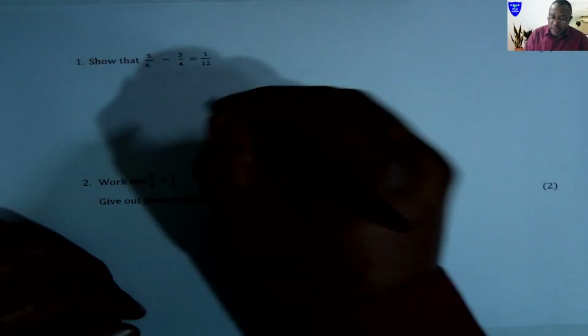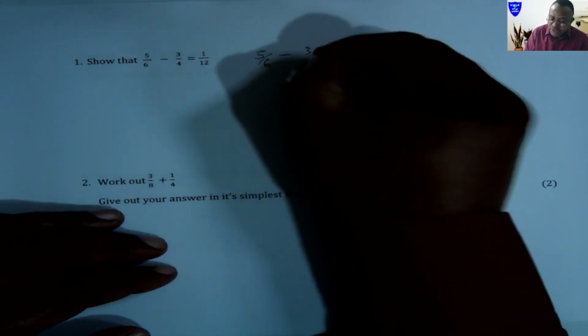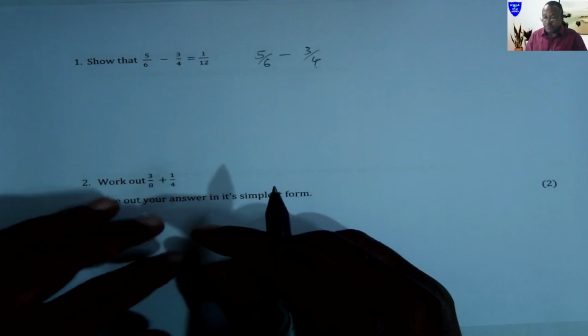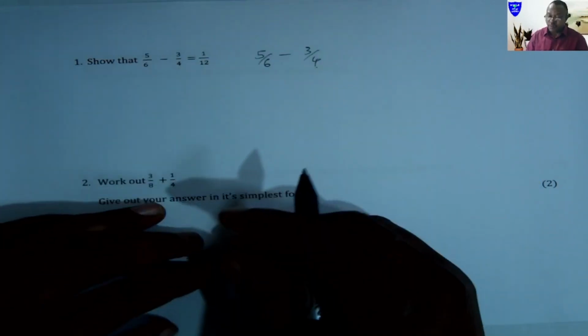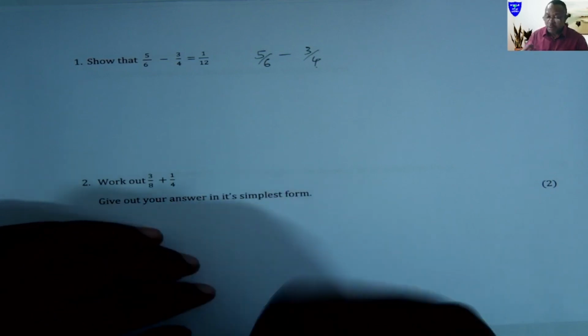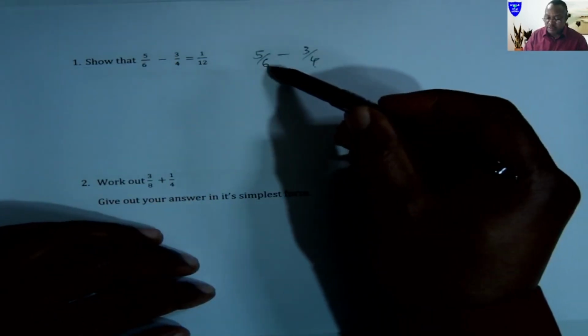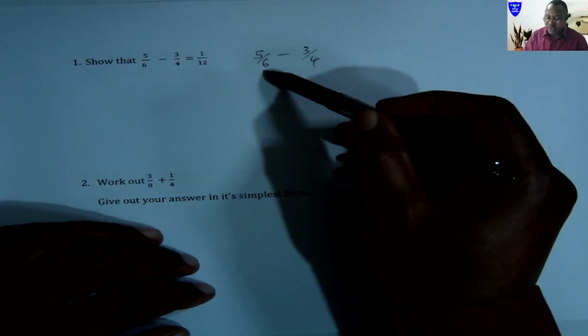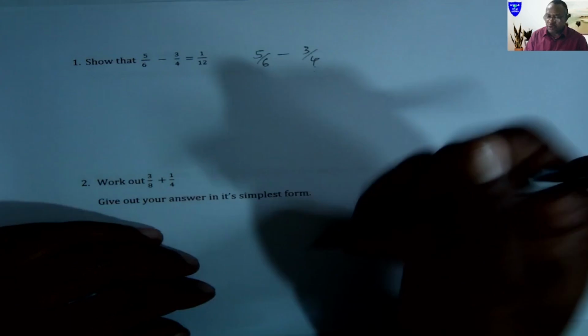Now, I'll use the multiplication method because that one looks a bit easier for most of you guys, but you can also solve this one using the common multiple method. Now, what number can I use to multiply this fraction and this fraction so that they end up with the same denominator?